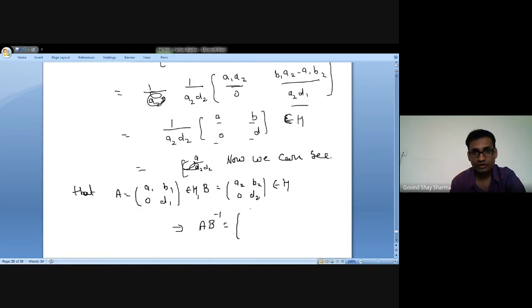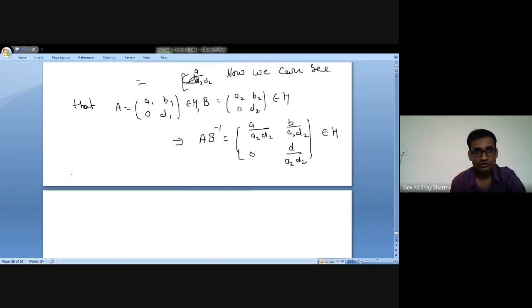We can take it inside: a upon a2 d2, b upon a2 d2, 0, d upon a2 d2, which belongs to H. So we can say that H is a subgroup of G, which is the group of matrices.